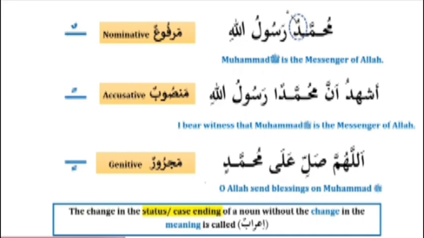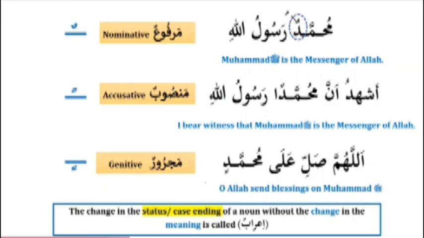So here it is marfu, and we will say that it is marfu by Dhamma, because basically Dhammatan is one Dhamma and we make it two because we need the ending with the sound of Noon. So that's why it's Dhammatan. However, we will say that this is marfu by Dhamma. If you're not able to relate it, you can also say that it is marfu by Dhammatan.